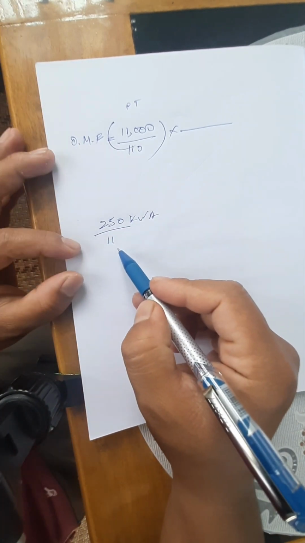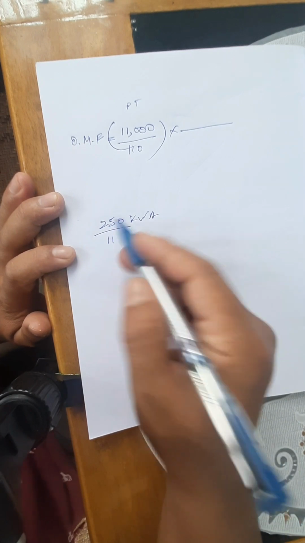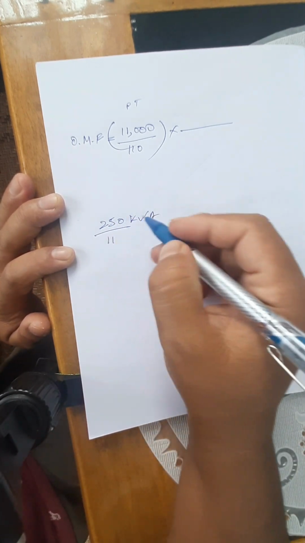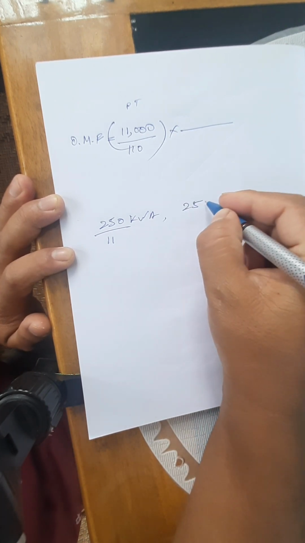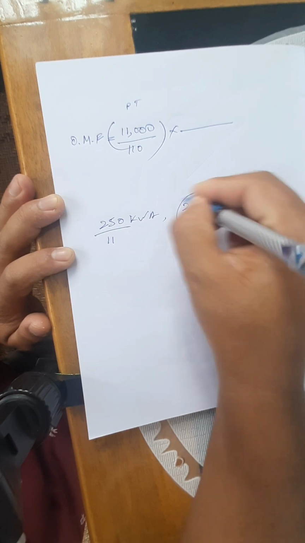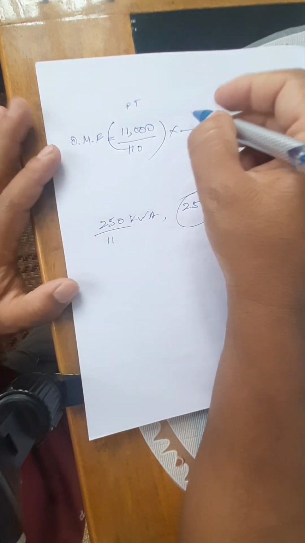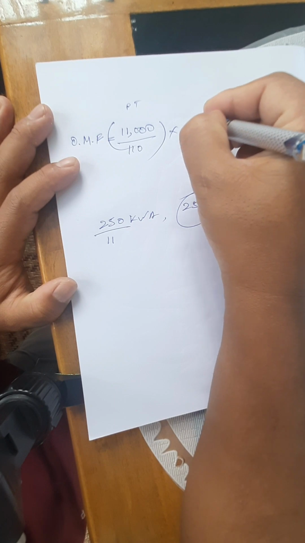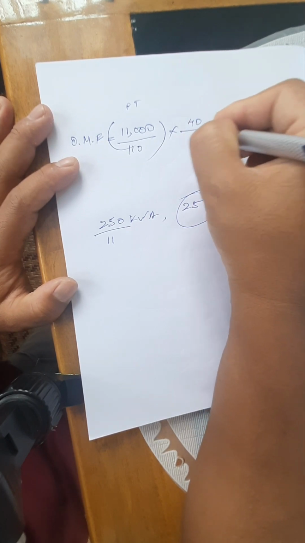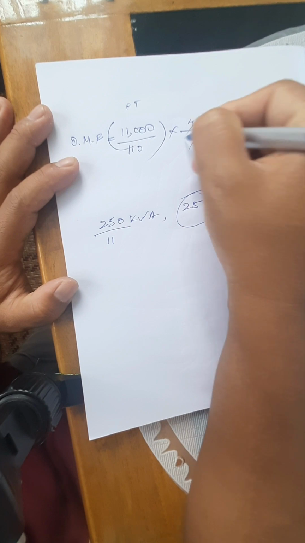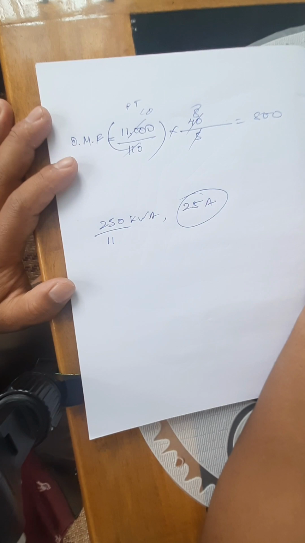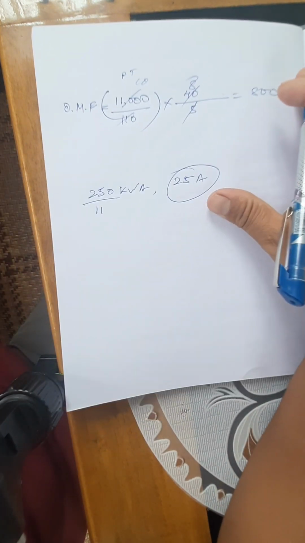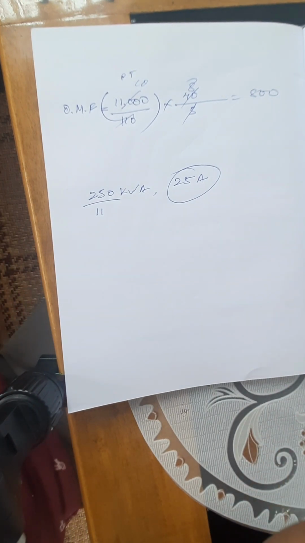If the consumer takes 33 kV, then we use 33. Then you get around 25 ampere, and we don't use exactly 25, but we use 40. So 40 by 5, which is 8, and then the multiplication factor becomes 800. So this is how we calculate the OMF of the HT metering, and this will be the same for all. So this much only for today. Thank you.